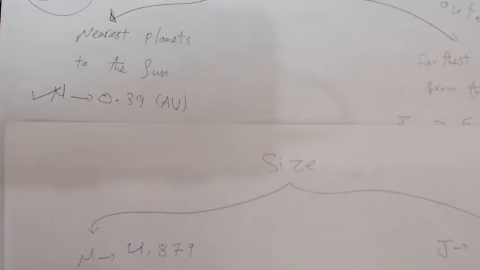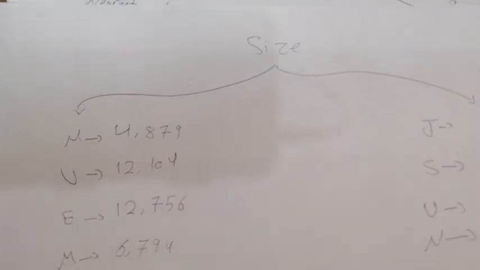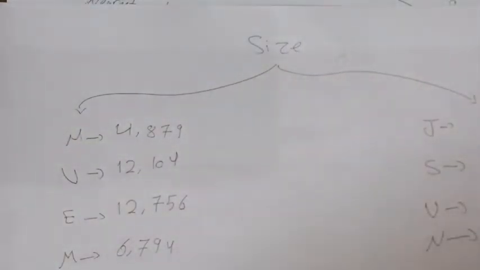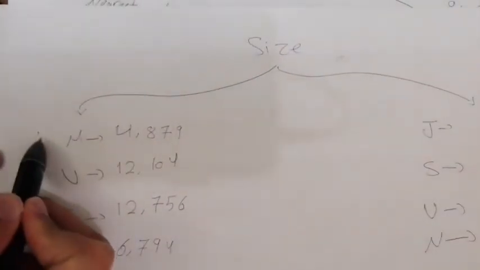Venus 12,104. Earth 12,756. Mars 6,794 kilometers. Okay, so again, Mercury is 4,879. Okay, smallest planet.